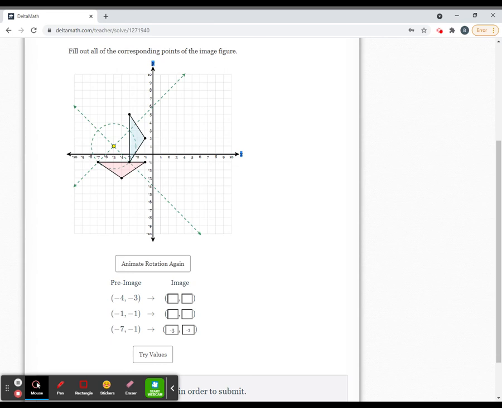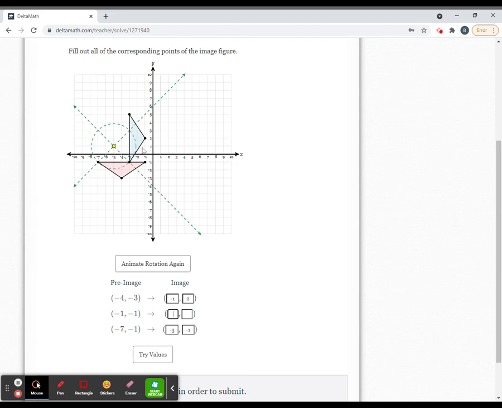What I like to do is look at this point, my -4, -3 point, hit animate rotation again, and just watch where this point goes. I'm watching it, I'm watching it, and I see that it ends up right here at -1, 2. So here I'm going to put -1, 2.